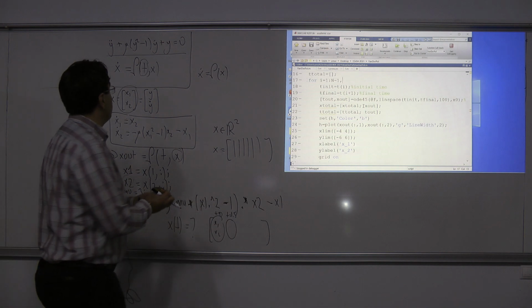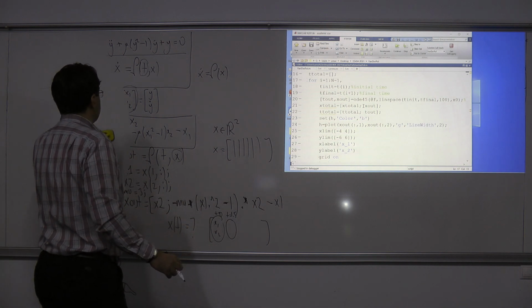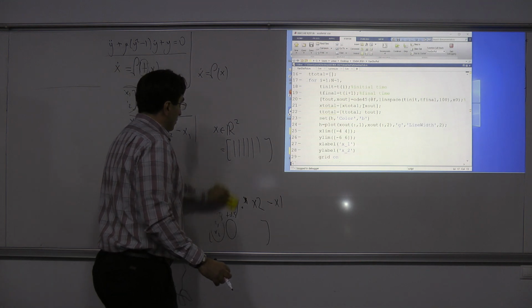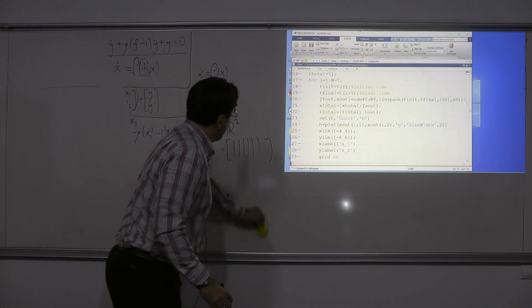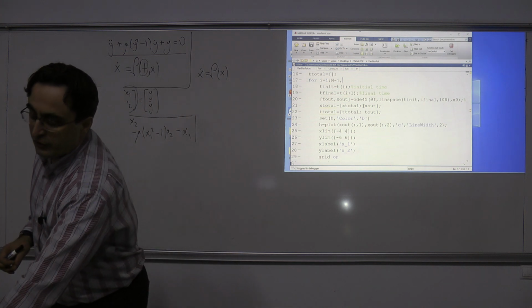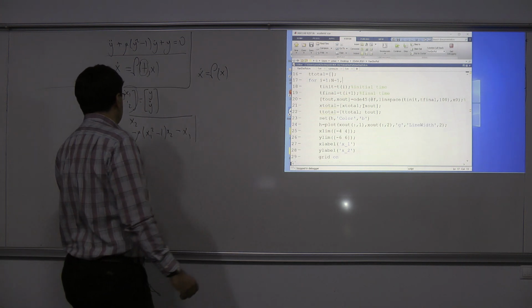Remember that we have applied the so-called describing function analysis to this one dipole oscillator differential equation, and we have found the oscillation parameters here.